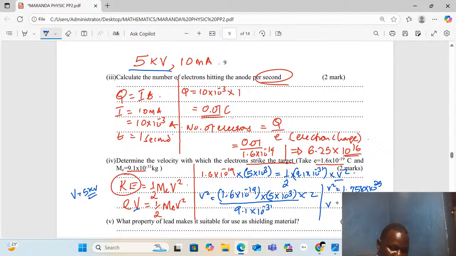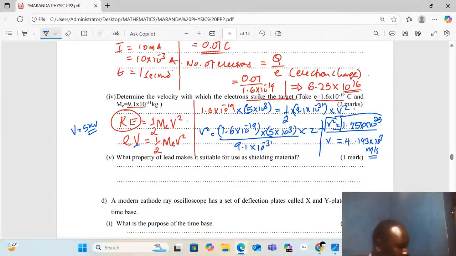So our v now becomes the square root of this, where we get 4.193 times 10 raised to power 7 meters per second. So you get the square root of this.